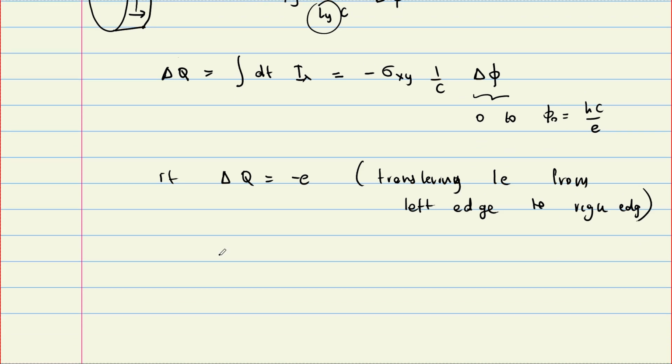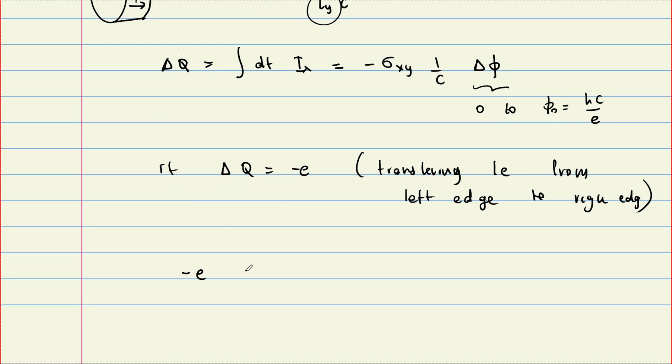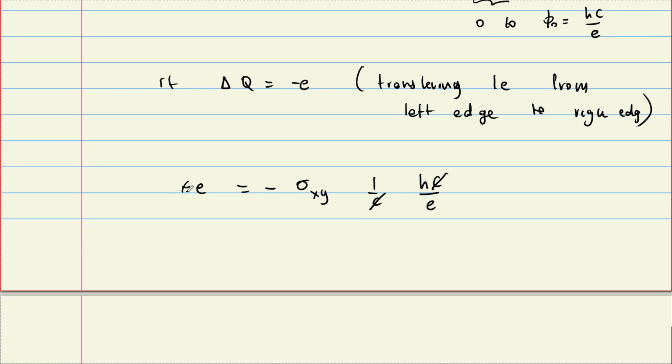Let's write this and see what this gives us. Minus e is equal to minus sigma xy 1 over c hc over e. The c's cancel, the minuses cancel, and sigma xy is going to be e squared over h.